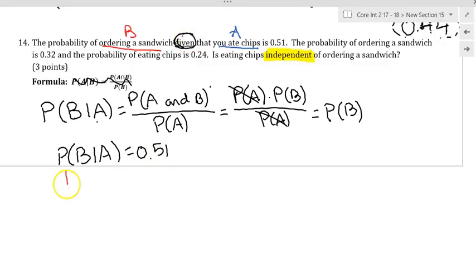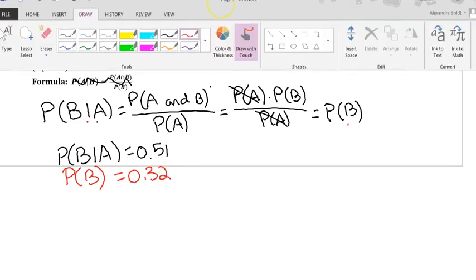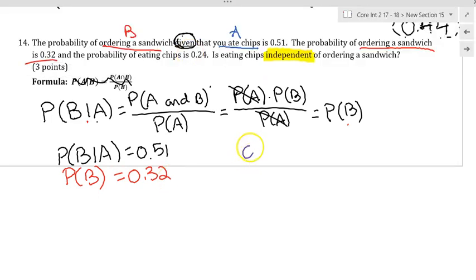Now I need to find the probability of B. That's what I want it equal to. The probability of ordering a sandwich is 0.32. So what do I say here? Well, 0.51 does not equal 0.32. Remember, when they aren't equal, it is dependent.